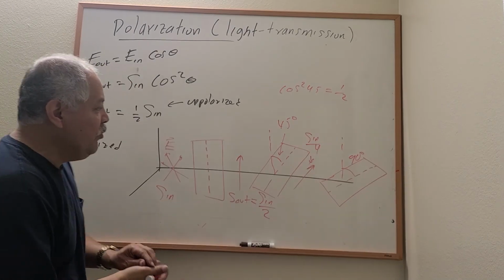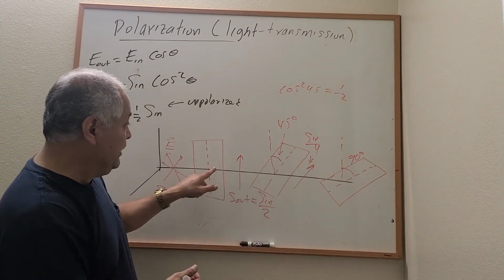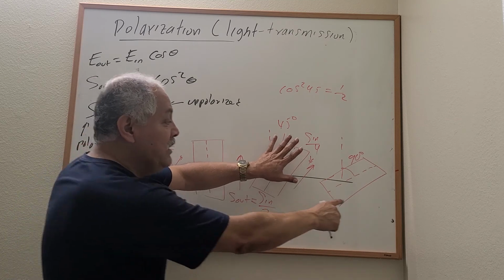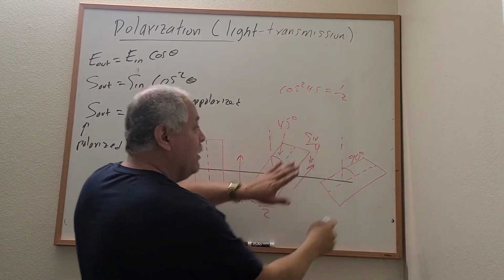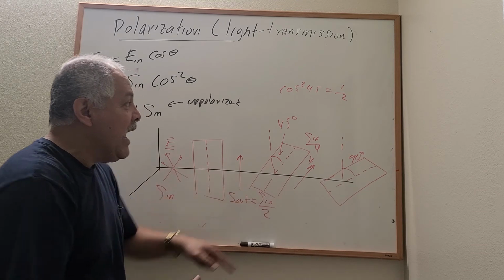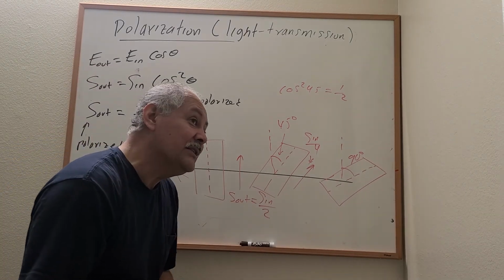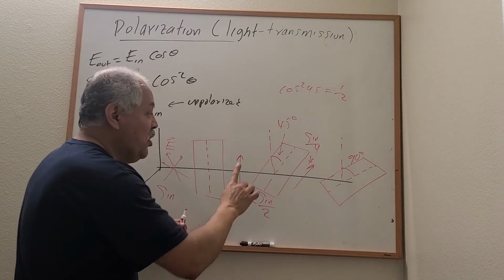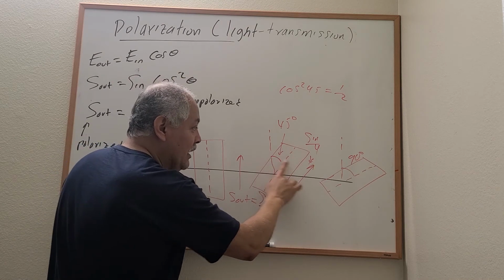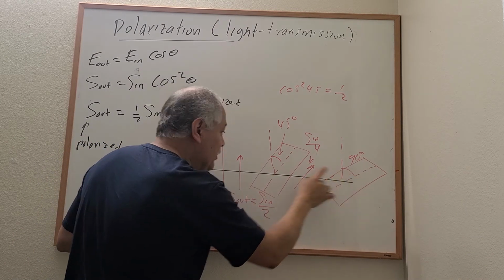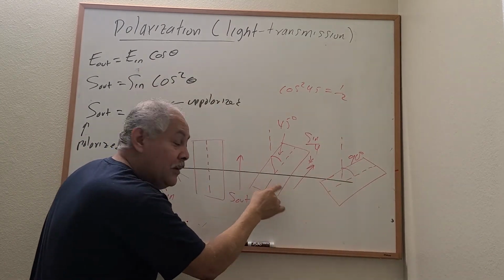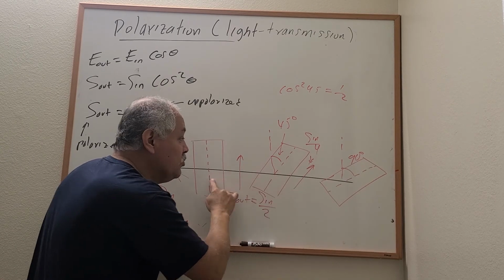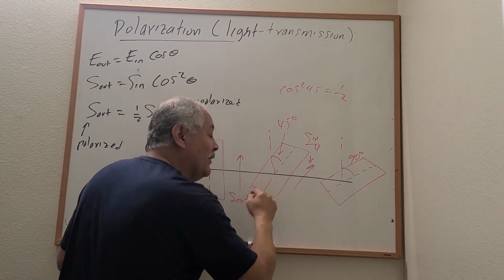As before, remember, if we have only these two, at the end we have 0. But because of this one, and because the electric field is a vector, we have a component right here in this direction, even though this is 90 degrees, when we place an angle in between these two. Let's see.